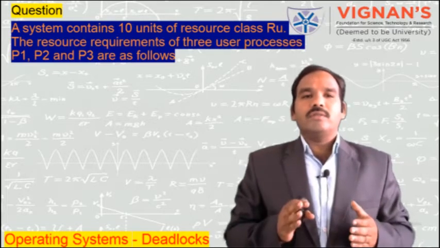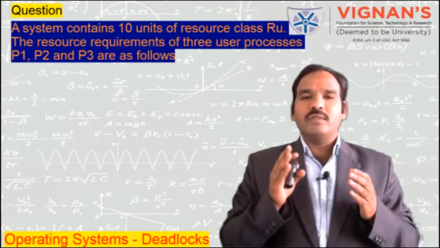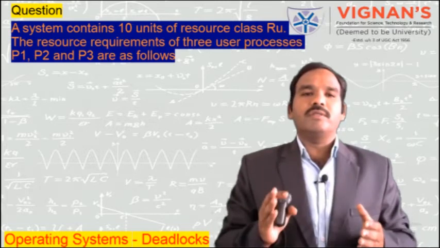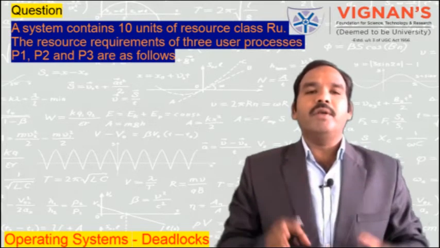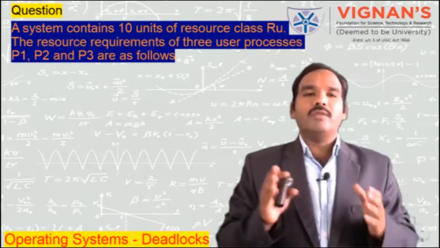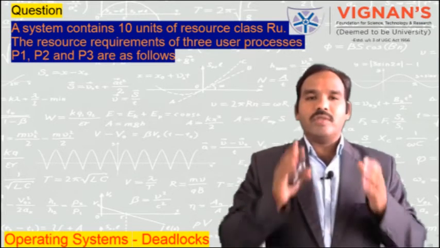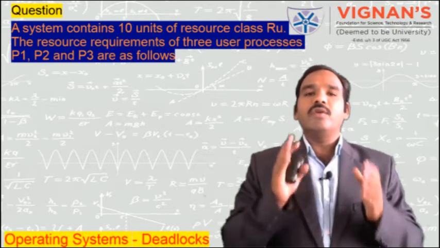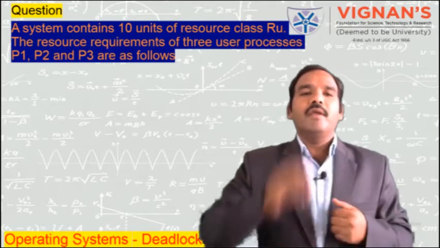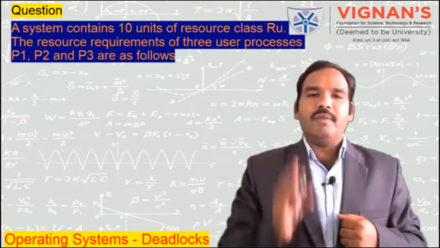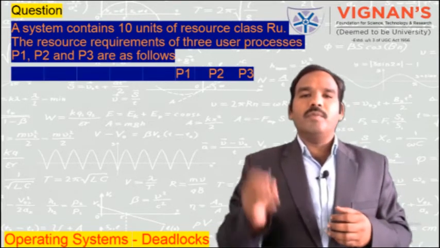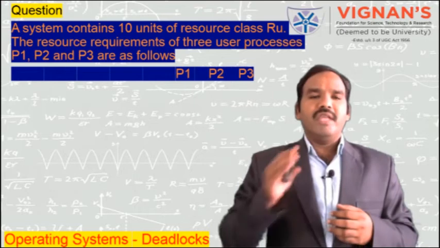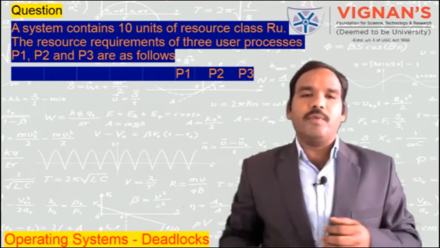The resource requirements of 3 user processes named P1, P2 and P3 are as follows. Here P1, P2, P3 are the names of 3 user processes.